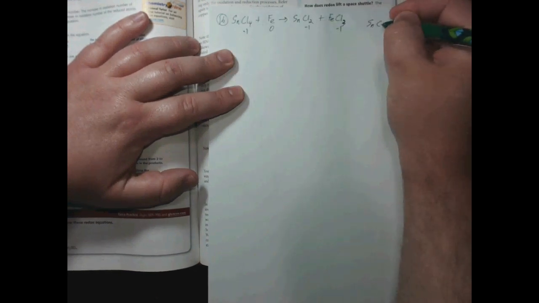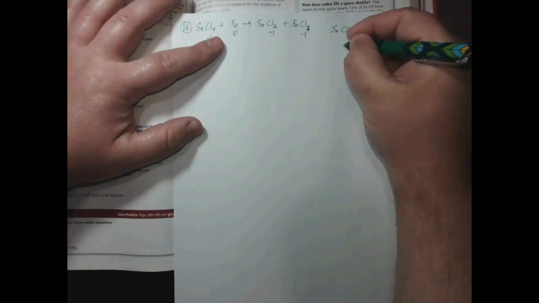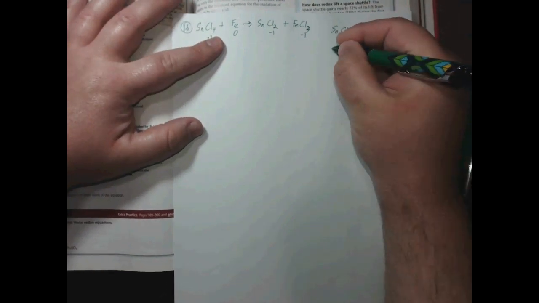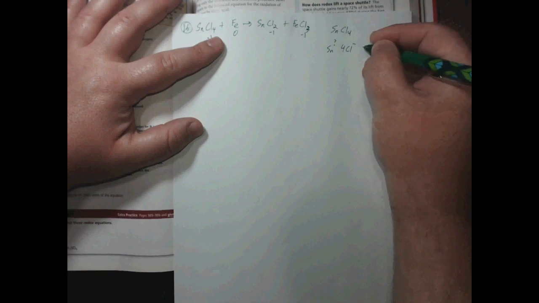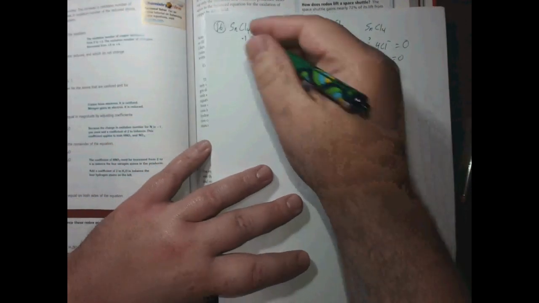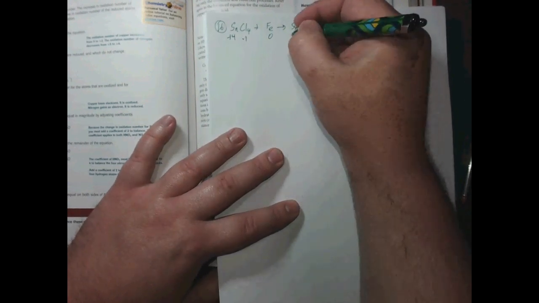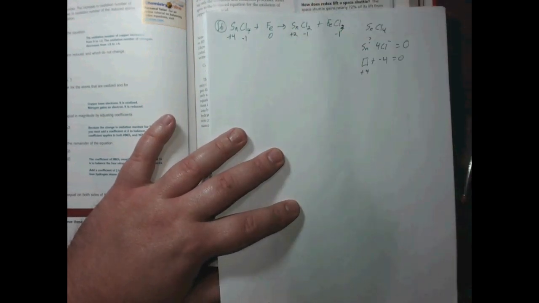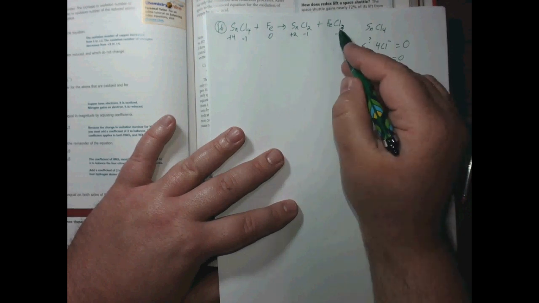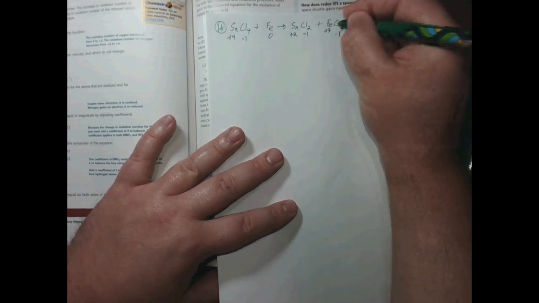So SnCl4. Well, that's 4 Cl minuses and then 1 Sn, we don't know. That has to be neutral, right? So what plus a negative 4 equals 0? A positive 4. So that's plus 4 on that tin. This one's going to work the same way. That's going to be plus 2. Here's 0. Here I have 3 chlorines, meaning this is going to be plus 3.